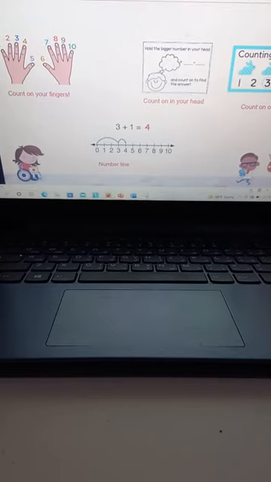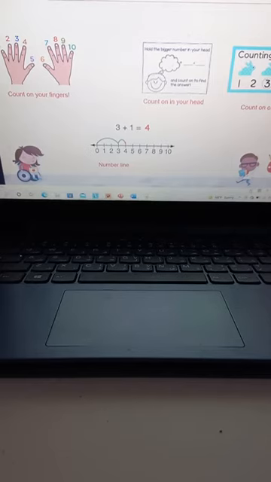Miss Esther, the answer is 4, because you used your hands. Some will check with their head: 2 plus 2, 4. And some of you would like to take a paper and pencil and count 1, 2, 1, 2, count them together and write your answer. And some of you will still use the number line.